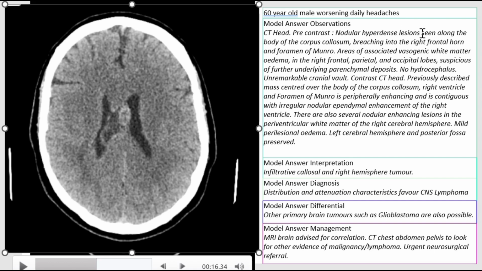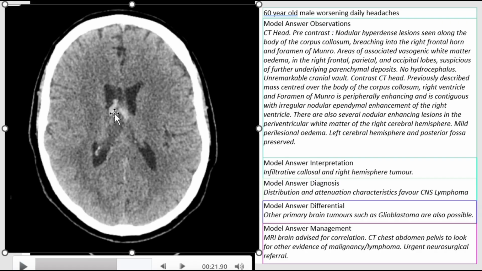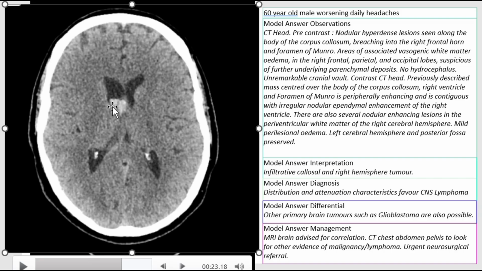These nodular hyperdense lesions will be seen reaching into the right frontal horn and the foramen of Monro. Still in the body of the corpus callosum. Now, this nodular hyperdense lesion is seen reaching into the right frontal horn of the lateral ventricle and the foramen of Monro.